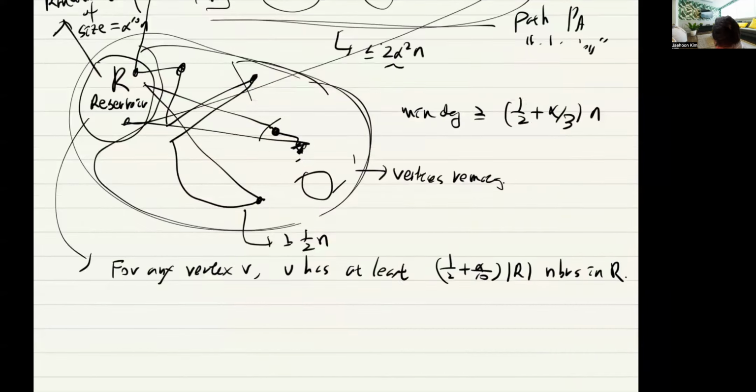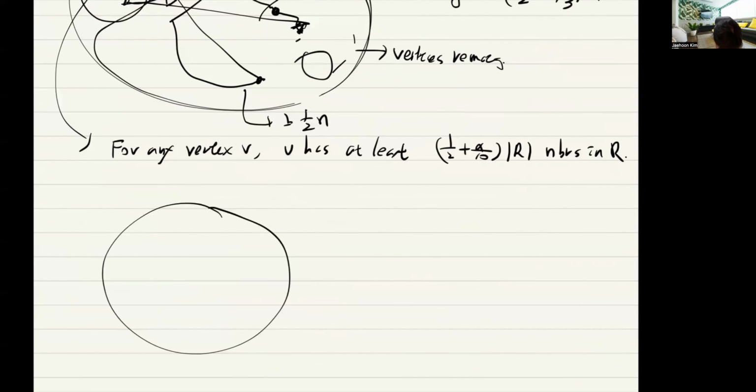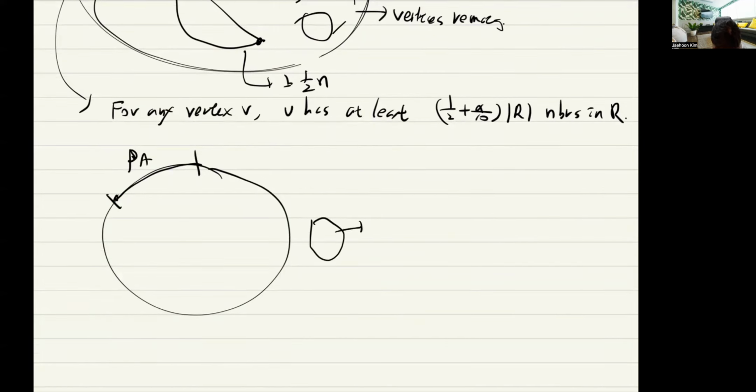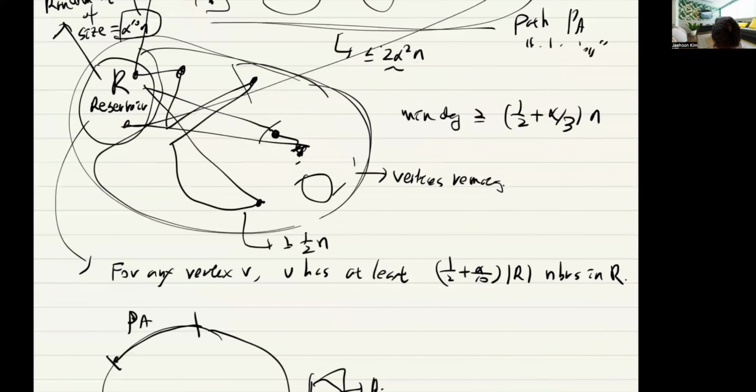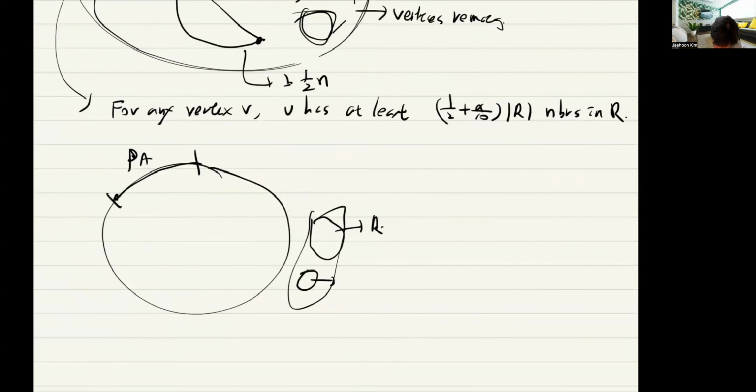Then everything becomes a long cycle, where this part is P_A, the absorber that we took. Some part of the reservoir remains, and some small parts remain. You can show that this has size this much, and this also has small size. So the remaining part has size much smaller than alpha to the 4 n.